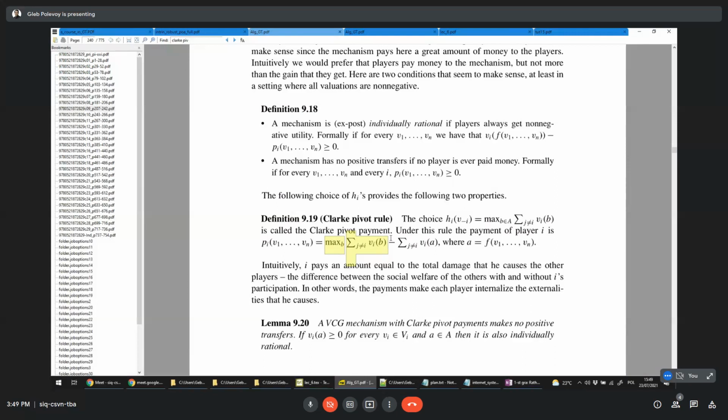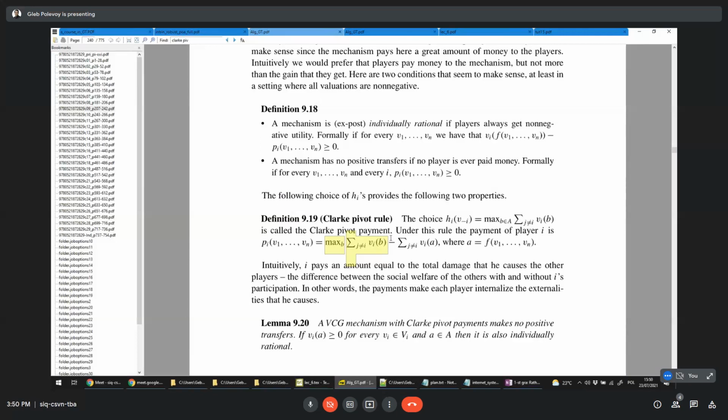So what player i pays is the difference between what the others get when you only want to satisfy them, minus what they actually get when you want to satisfy everyone. Intuitively, that's a cost that player i imposes on the others, and he has to pay that. That's the intuition.